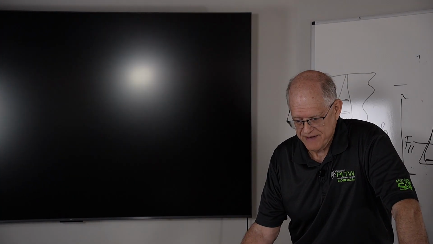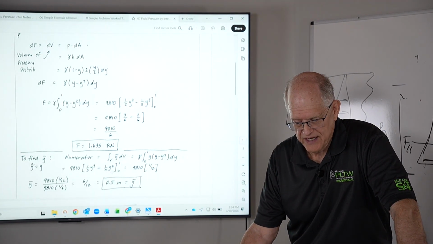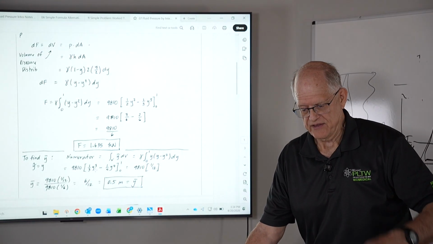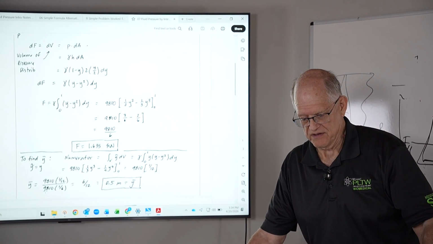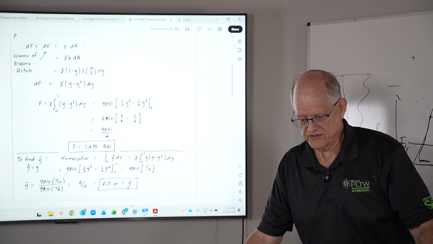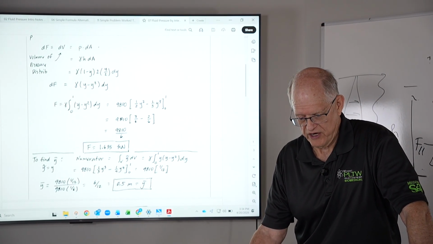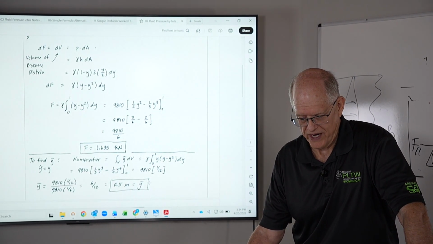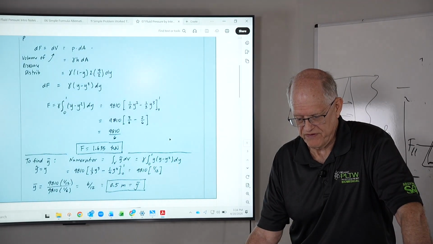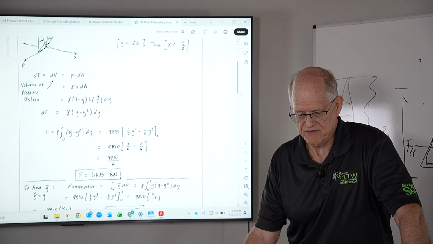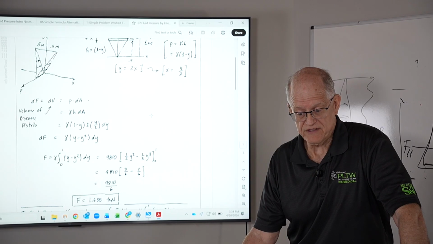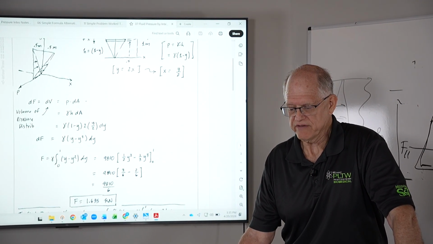So it's the same integral, but you're putting a y in there, and that's your numerator. Then you're dividing by the FR summation, which is this. You take this numerator divided by the denominator, and you get y bar is 0.5, halfway up, which is kind of a surprise. And so that's a triangular plate where you're integrating.